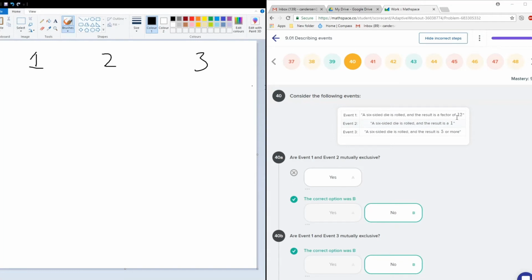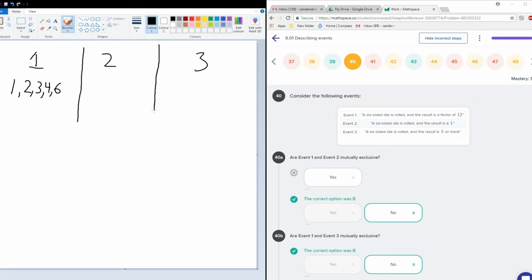Now, a factor of 12 is any of the times tables that make 12 that fit on a 6-sided dice. So we have 1 because 1 times 12. We have 2 because 2 times 6. We have 3 because 3 times 4. We also have 6 because 6 times 2.